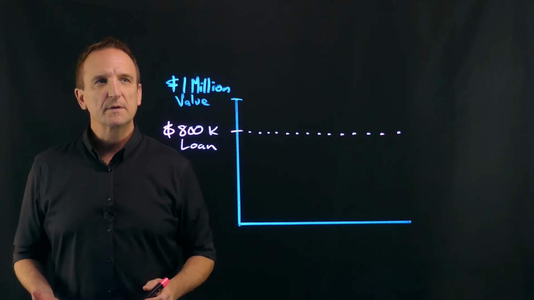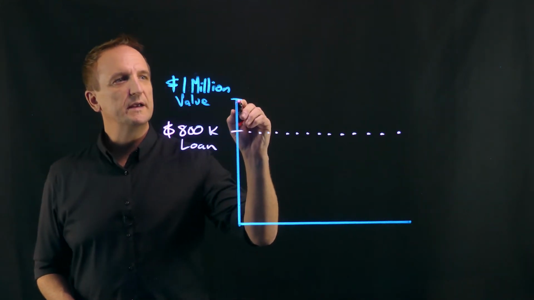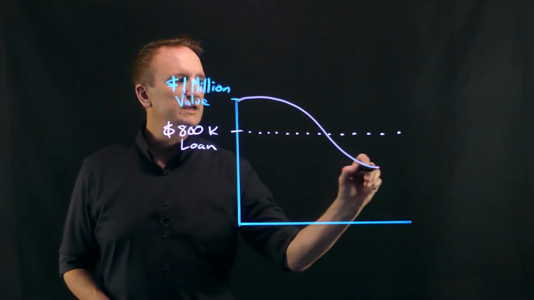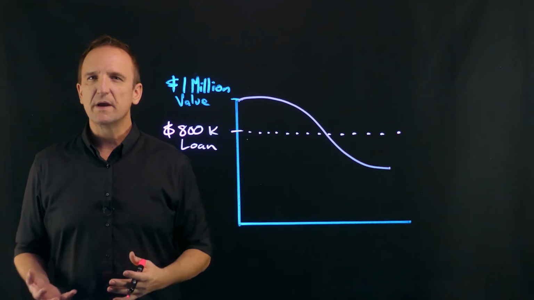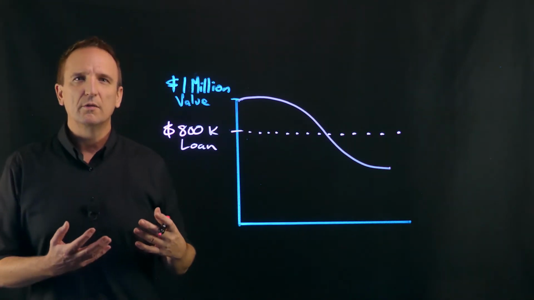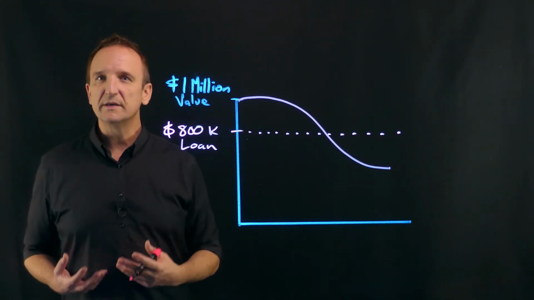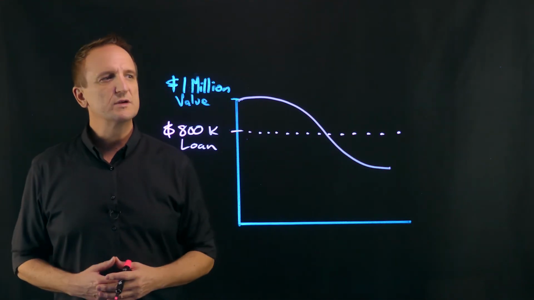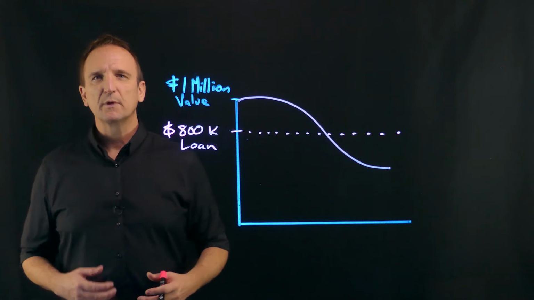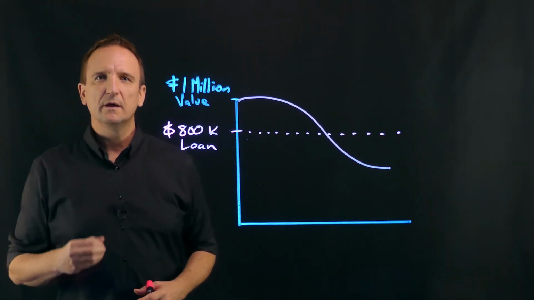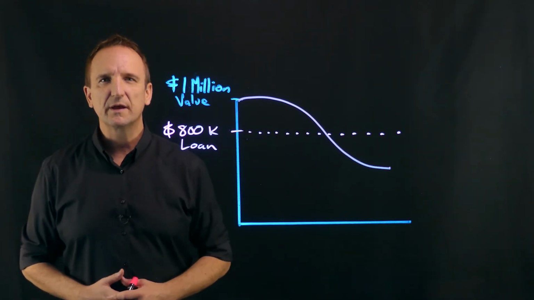But sometimes the property does not stay in value, it goes down in value. And this can happen because of mismanagement of the property or the borrower not having enough funds to maintain it properly. There's a lot of different reasons why a property could lose value. But let's say in this example that a property was worth $1 million and the lender loaned $800,000 on it.